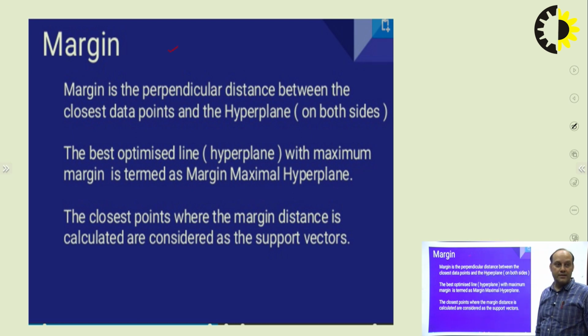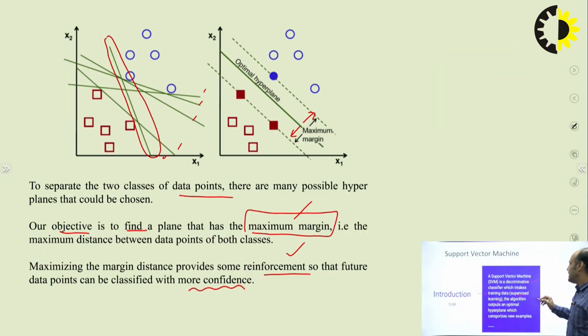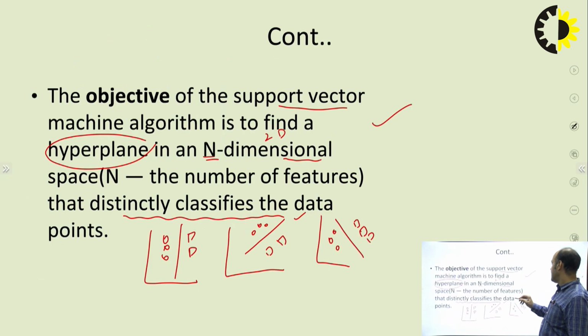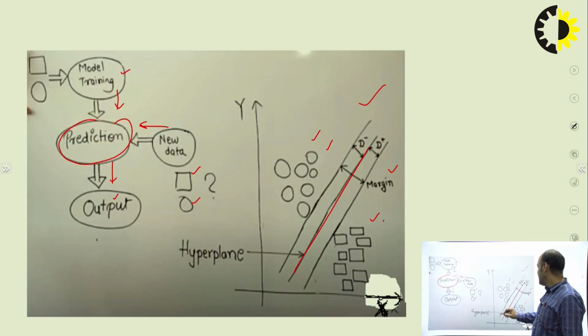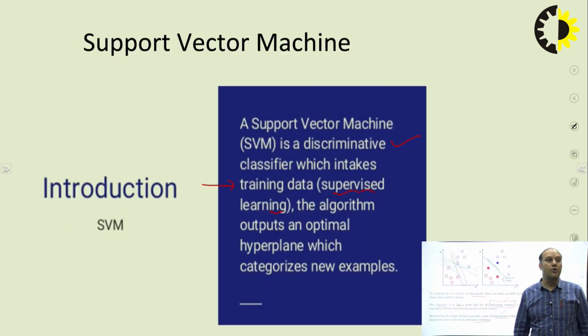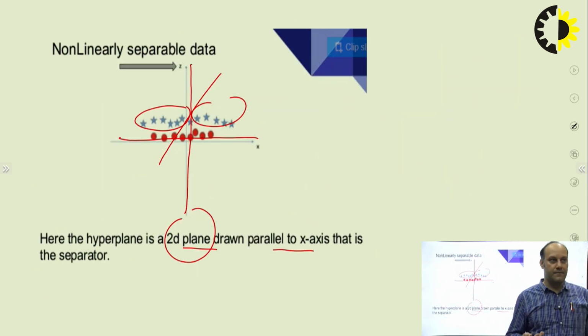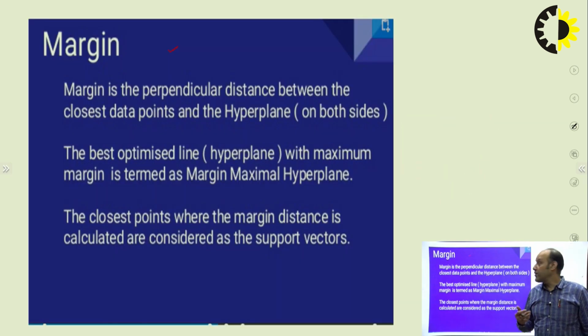Now, what is the margin here? As I showed in the earlier diagram, this is the margin. How can we define it? The margin is the perpendicular distance, a straight line, between the closest data point and the hyperplane.